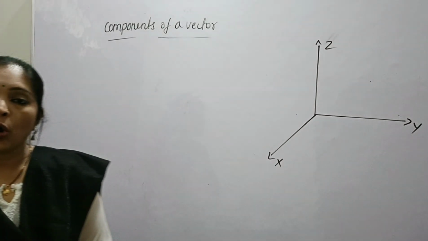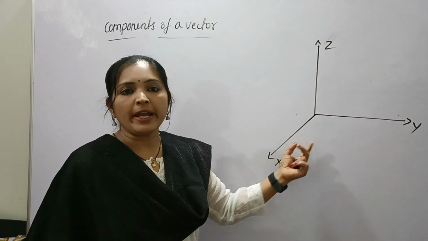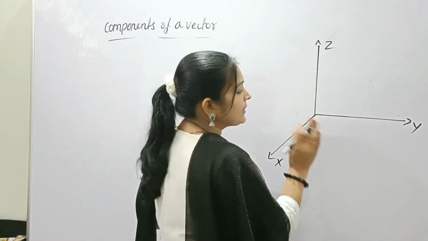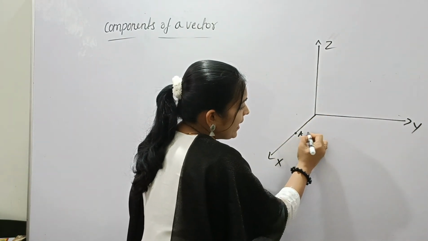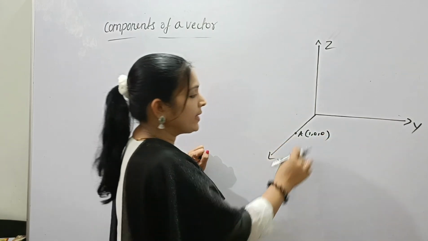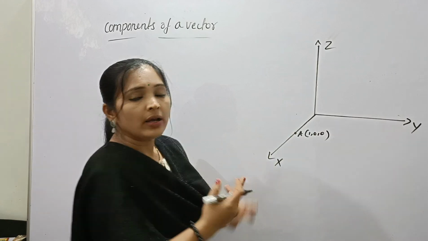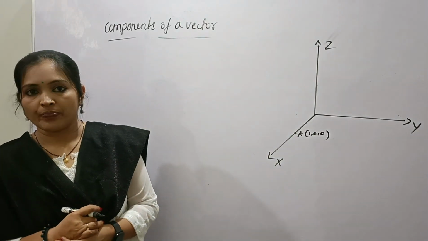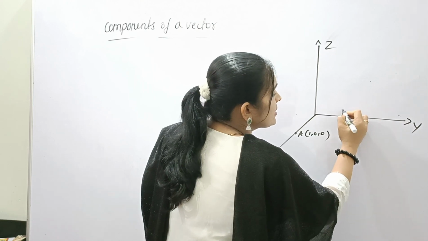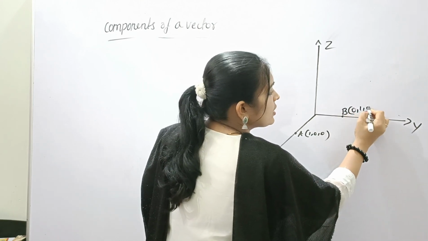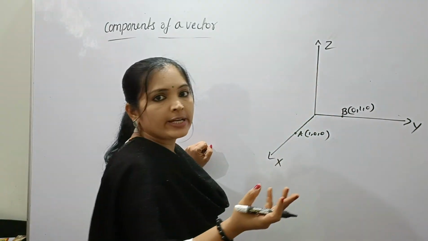Now we are going through components of a vector. See, we have the three-dimensional XYZ plane. Here let's take 3 points. On the x-axis, a point A of 1, 0, 0, that means this distance is 1; here y and z coordinates are 0. Let's take a point on the y-axis, B of 0, 1, 0, that is y coordinate is 1 and x and z coordinates are 0.